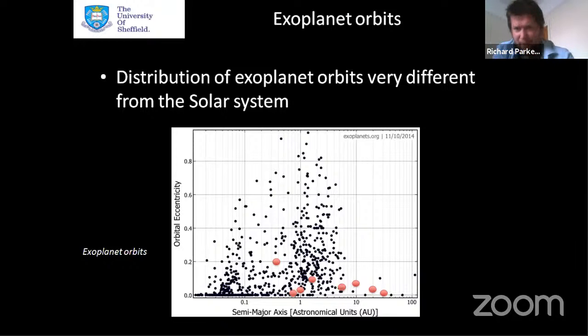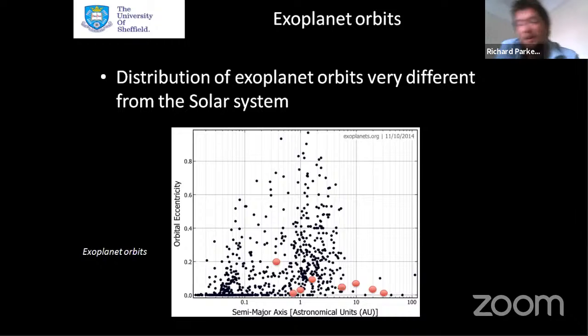And I really should update this slide. I have an up-to-date plot in my undergraduate notes, but it hasn't percolated through to my seminar yet. But this is showing the orbital eccentricity versus semi-major axis of the exoplanets up until 2014, and the eccentricity and semi-major axes of the solar system planets, shown by the red points.